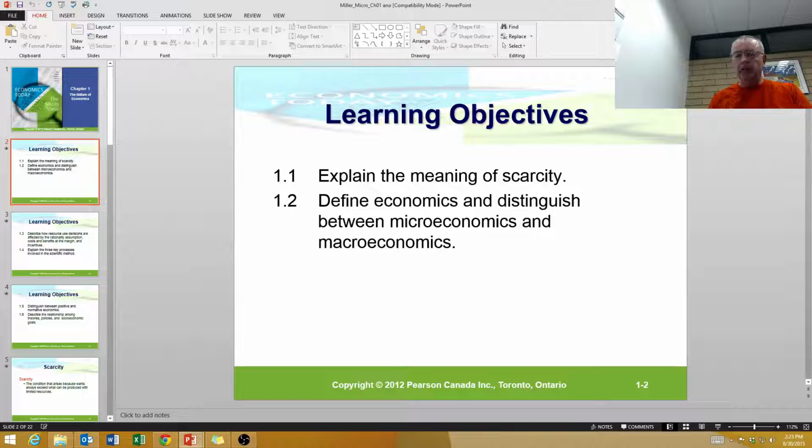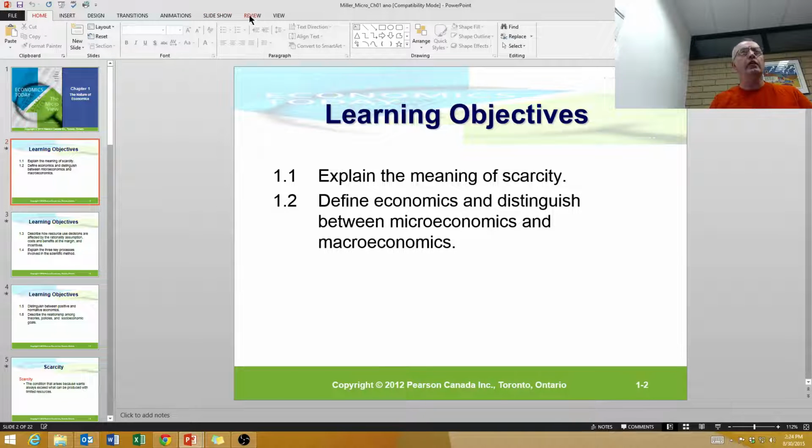You'll also notice when you do the assignments on the publisher's website, there tend to be quite a few questions for the first few chapters. Although it's kind of a lot of work, it's all a good investment because it applies equally to micro and macro. So even though you're going to do a lot of work here in the first three chapters in the micro, it applies to both courses, and so that's useful.